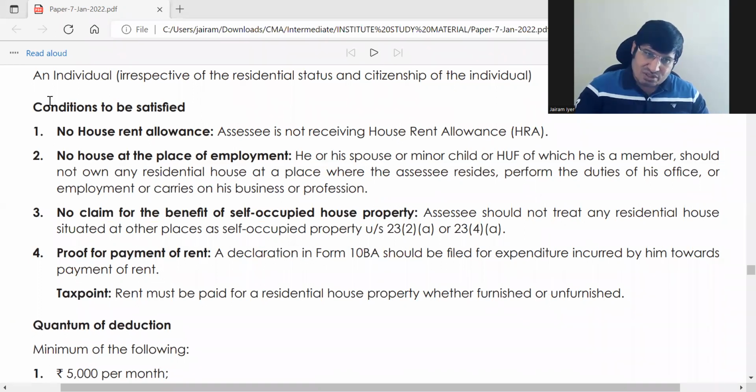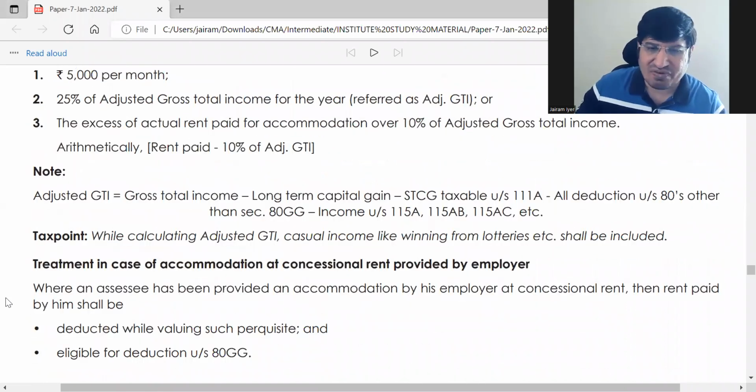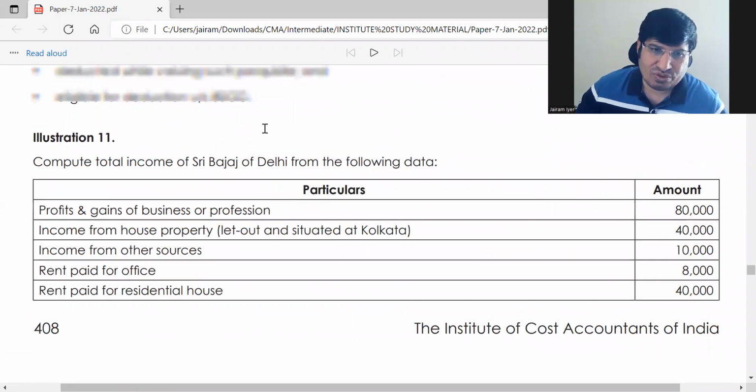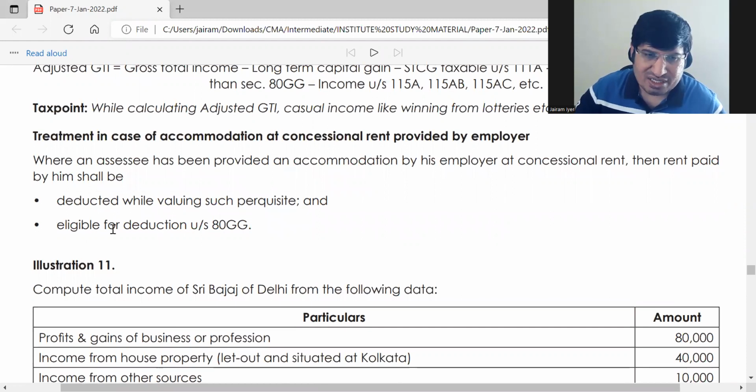In this you have to see nothing else. If these conditions are fulfilled, he will get deduction under 80GG. There is no other thing we have to see. So this point is that he is eligible for deduction under 80GG.